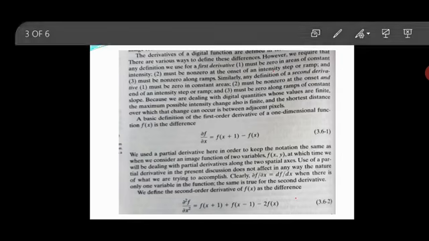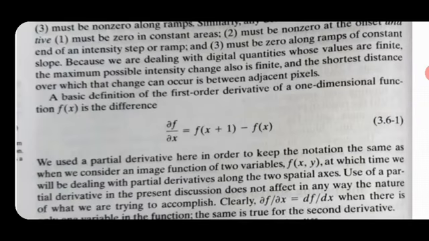The first derivative, ∂f/∂x, is equal to f(x+1) minus f(x). Now I said the image will be represented with f. If it is f(x), it means the current pixel. f(x+1) means the next pixel.